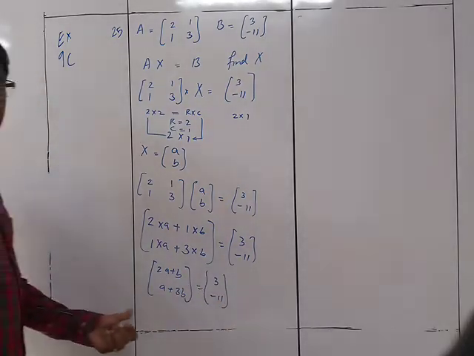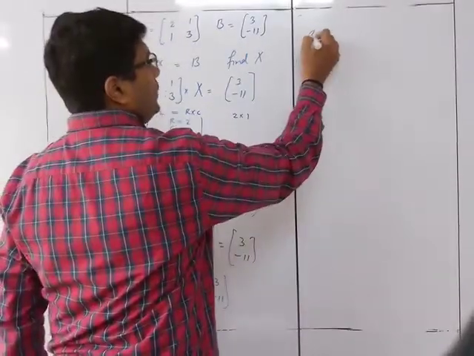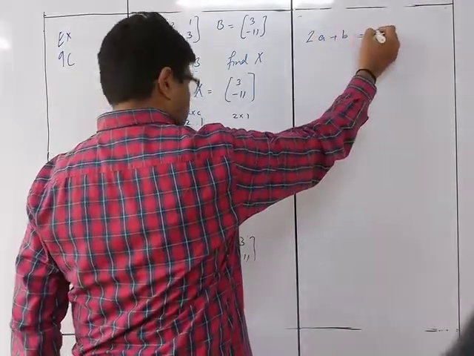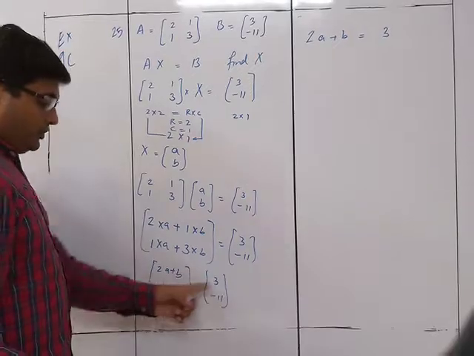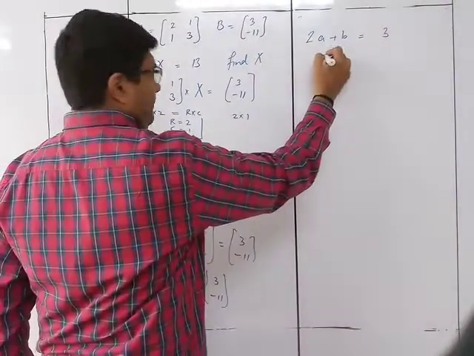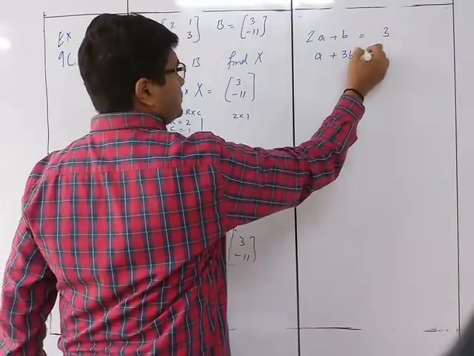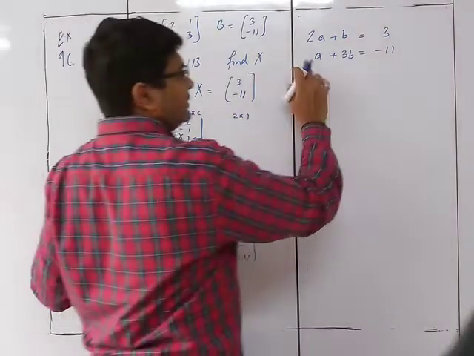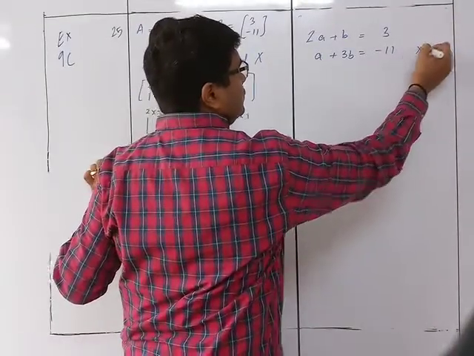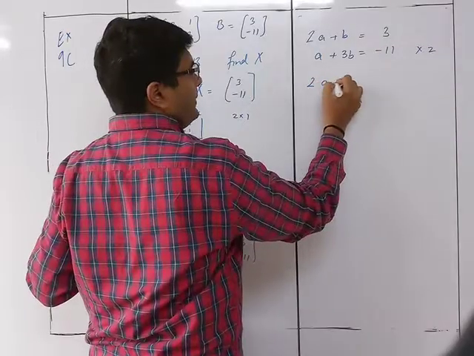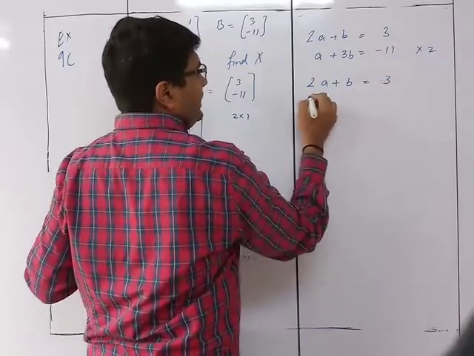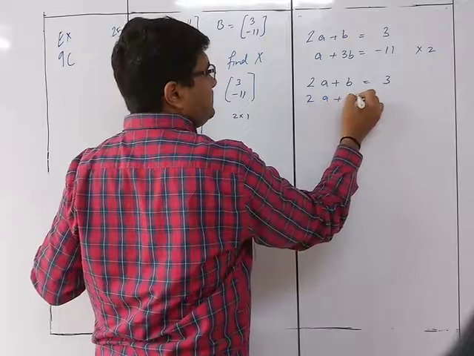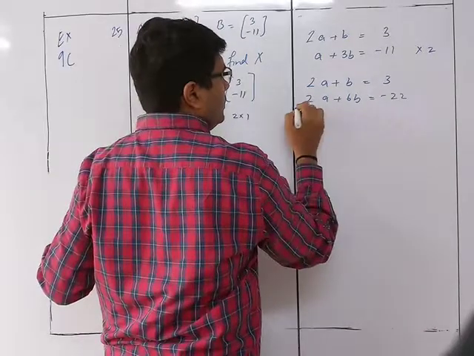So we have simultaneous equations: 2a plus b is equal to 3 first, and second, a plus 3b is equal to minus 11. Multiply the second one by 2, so you get 2a plus b is equal to 3, and 2a plus 6b is equal to minus 22.